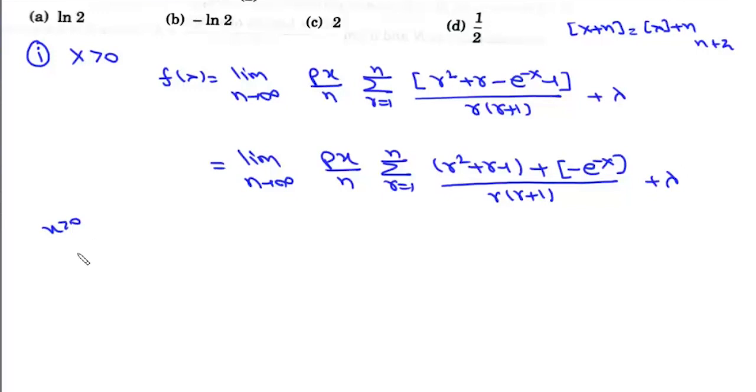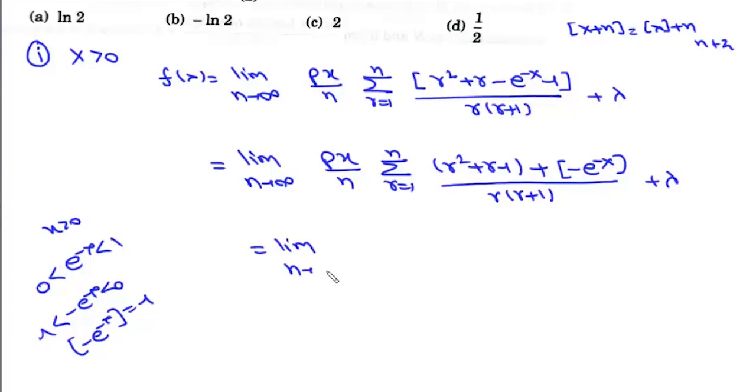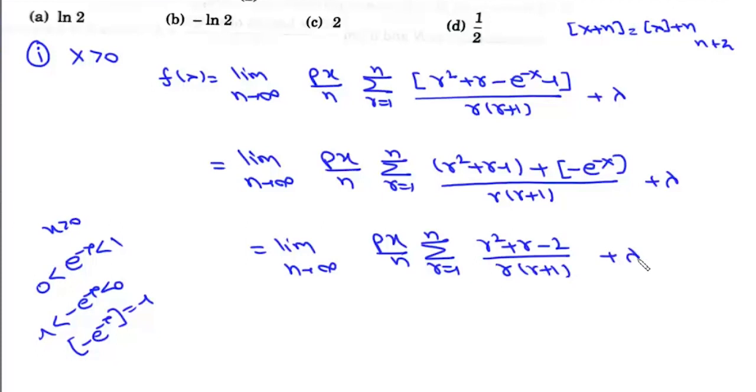Now when x is greater than 0, e to the power minus x lies between 0 and 1, and then minus e to the power minus x will lie between minus 1 and 0. So the greatest integer function of minus e to the power minus x will be minus 1. So we can write this as limit n tends to infinity of px by n, then the summation r varies from 1 to n of r square plus r minus 2 upon r plus 1, plus lambda.